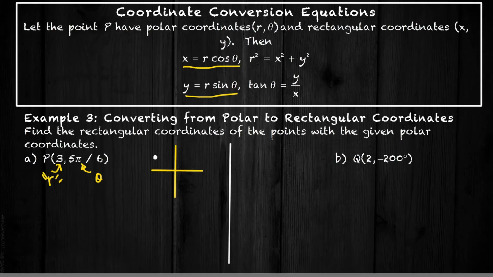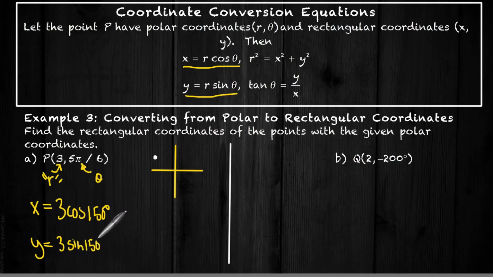All right, so let's see how we're doing here. If we use our conversions, we will say r, which is 3, and cosine of, well, I'm just going to put 150 degrees, and then the y is going to be 3 sine of 150.